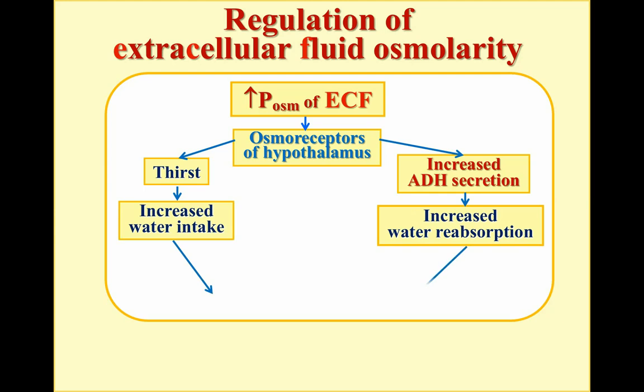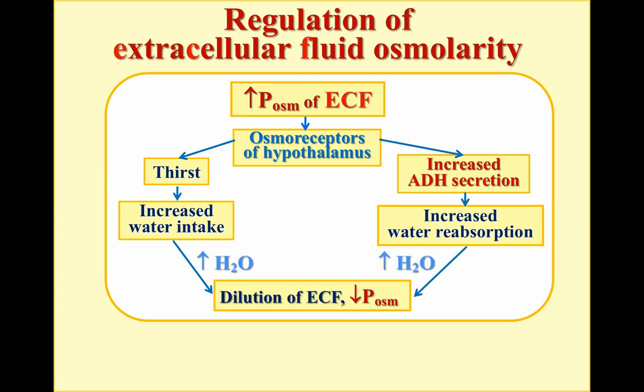As a result, water amount increases, and both contribute to dilution of the extracellular fluid, which decreases osmotic pressure back to normal, which is detected finally by osmoreceptors. Thirst activation is then removed and ADH secretion comes back to normal moderate level.